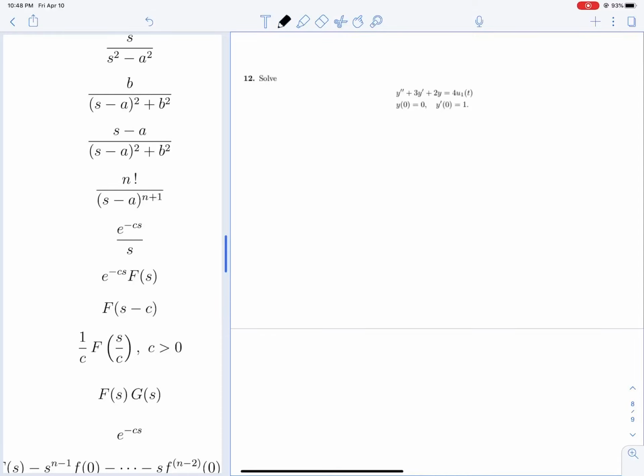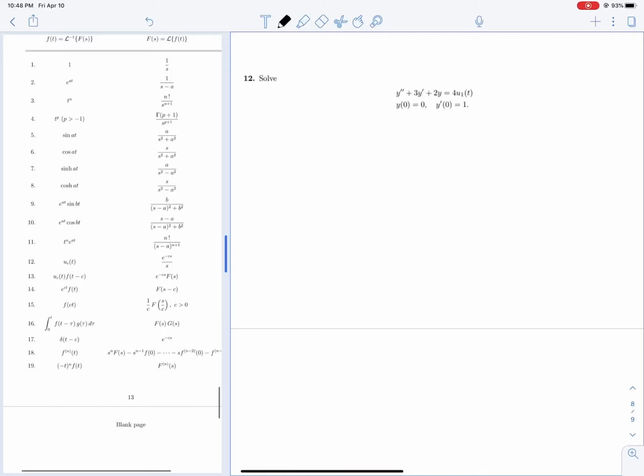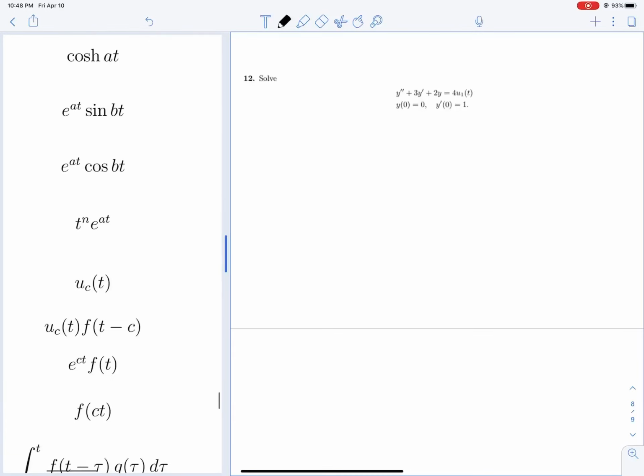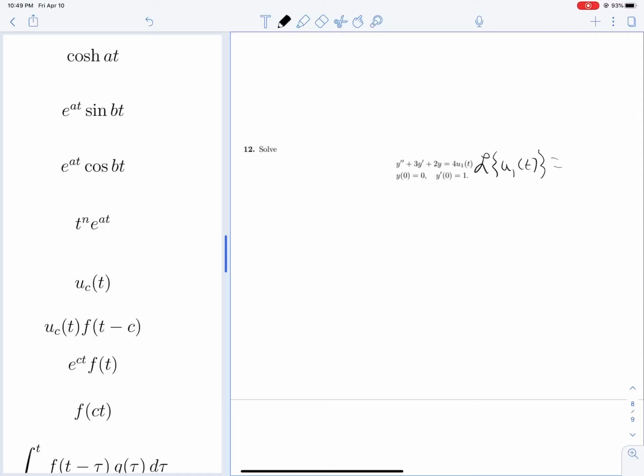And we see over here on our little cheat sheet that the Laplace transform of u1 of t is e to the negative alpha over alpha.